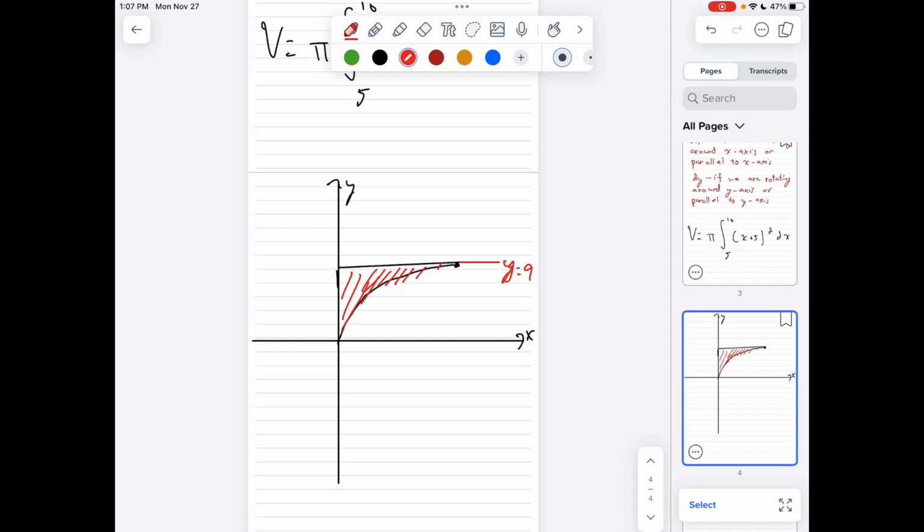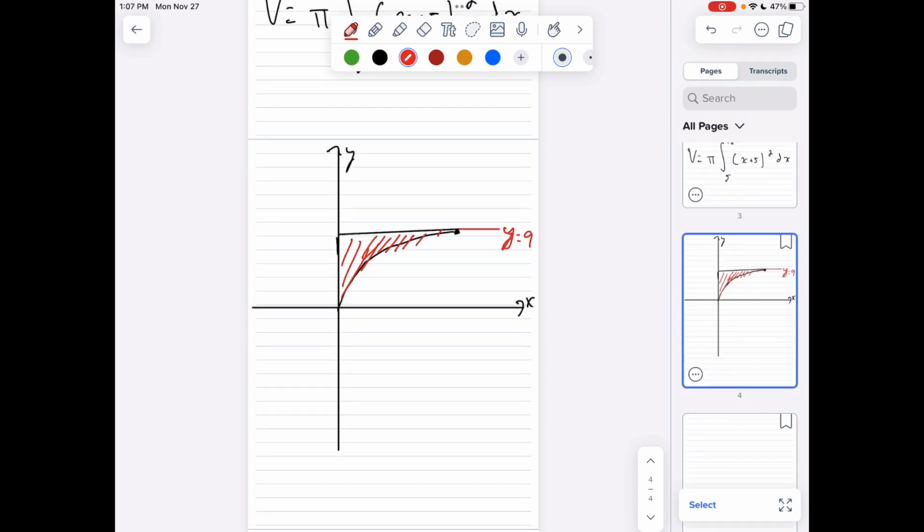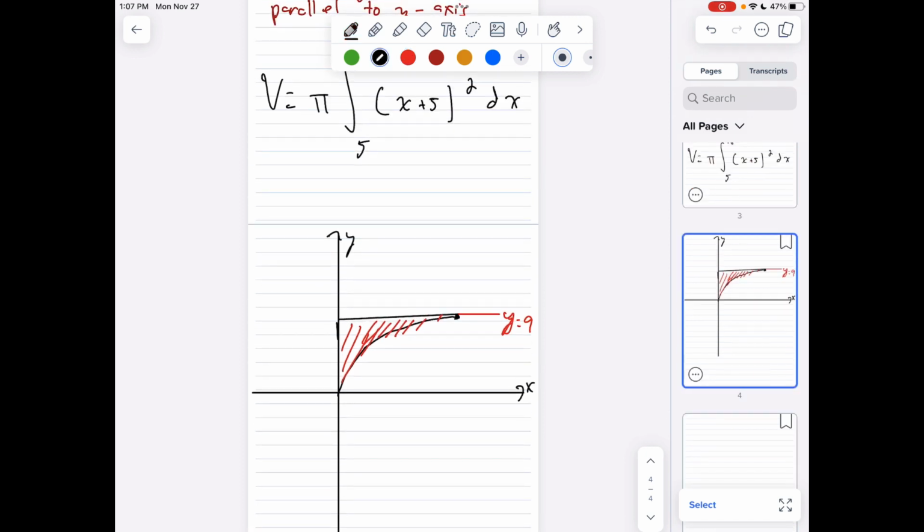Okay. So when you do this rotation, you get a region that looks something along the lines of this. Almost looks like a horn or something. And I do apologize for my drawings here. I wish I could be much better at sketching stuff in 3D, but I'm pretty awful.